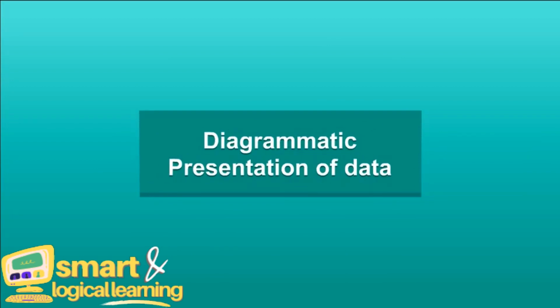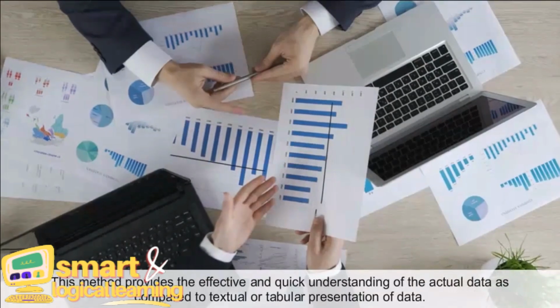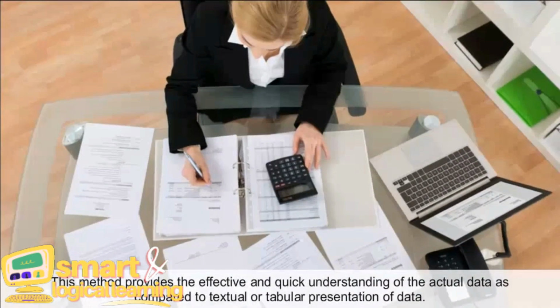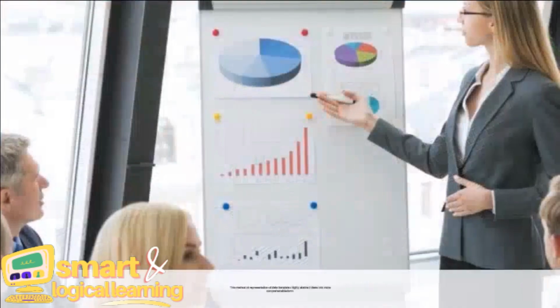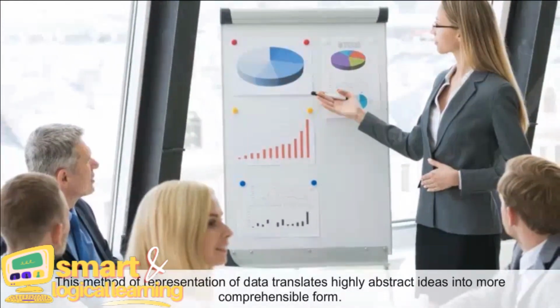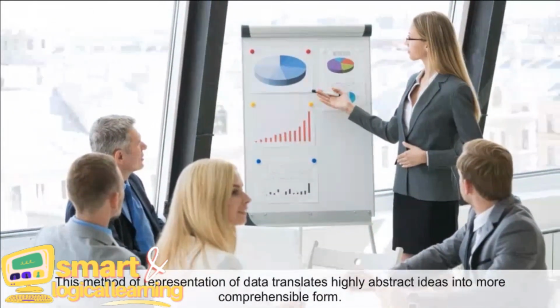Diagrammatic presentation of data. This method provides effective and quick understanding of the actual data as compared to textual or tabular presentation of data. This method of representation of data translates highly abstract ideas into more comprehensible form.